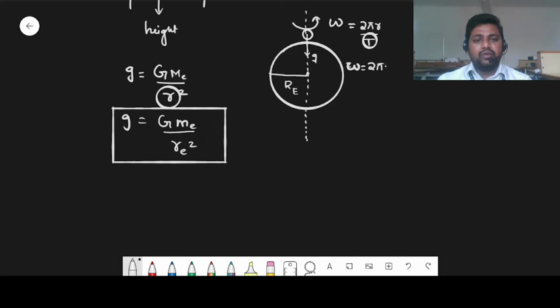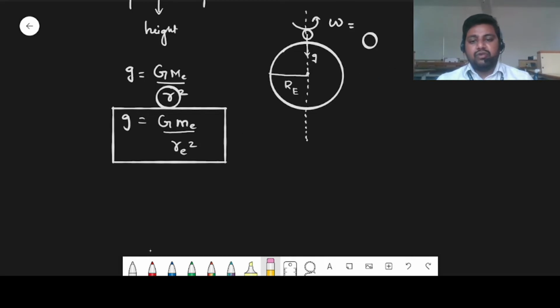The radius of the earth is 6 into 10 power 6 meters, but you will not need the radius here. The general formula of omega is 2 pi by T, right?